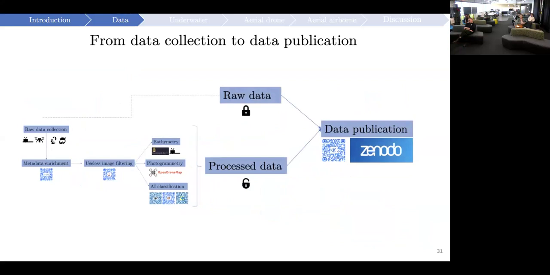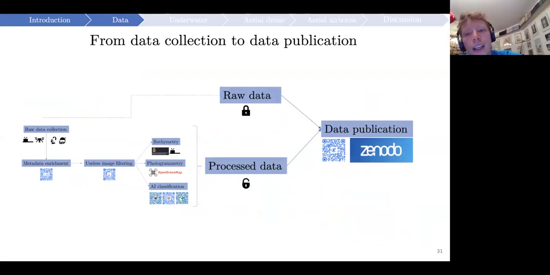Each data collection event has raw data and process data, and thanks to DOI versioning, we can describe raw data and process data under the same digital object identifier so that they are connected.